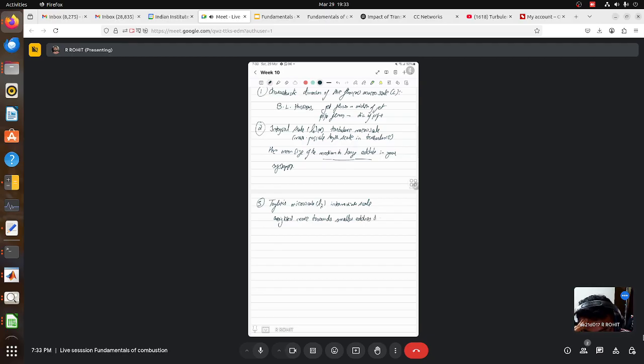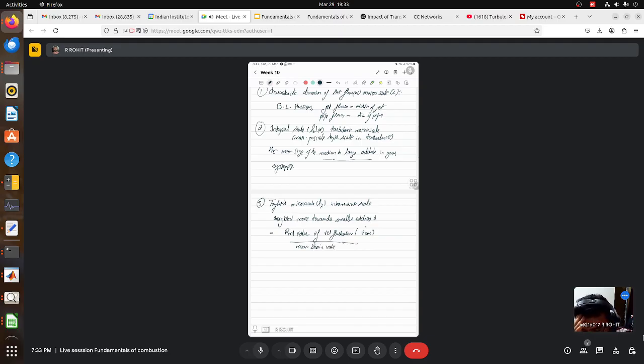It is represented as the RMS value of the velocity fluctuations, that is V RMS, divided by your mean strain rate.